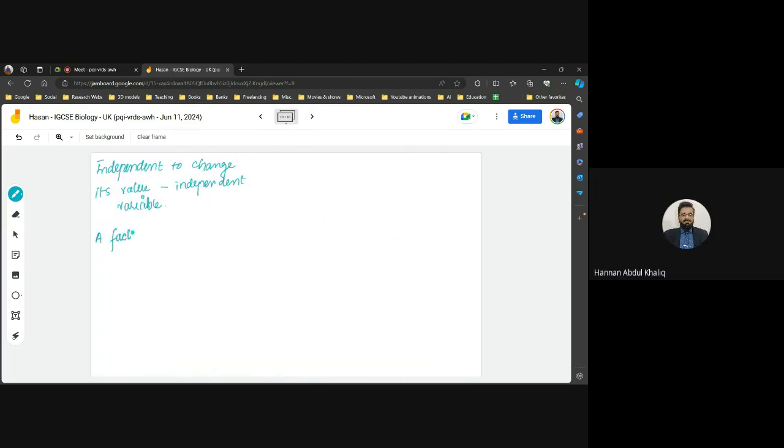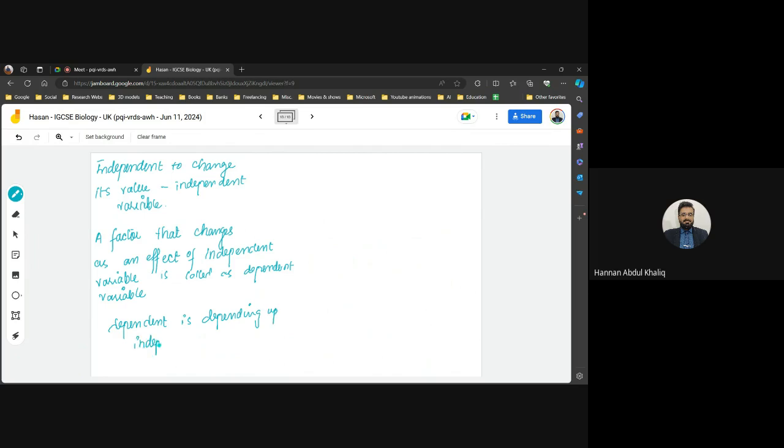A factor that changes as an effect of the independent variable is called the dependent variable, which means that dependent is depending upon independent.